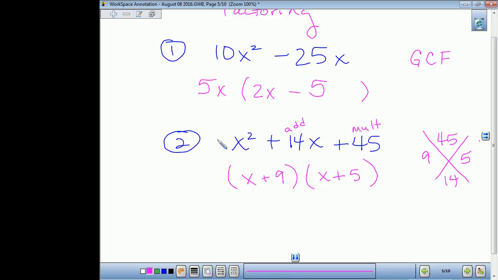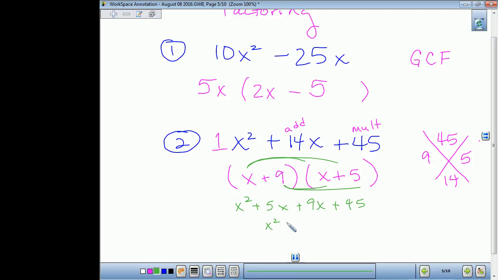Okay, so whenever that leading coefficient is that understood 1, this works. And we could distribute back and make sure we get what we started with: x times x squared, x times 5, 5x, and then 9 times x, 9x, 9 times 5, 45.